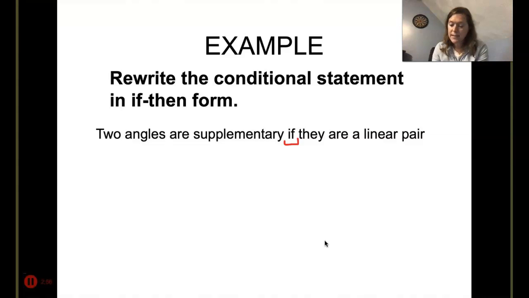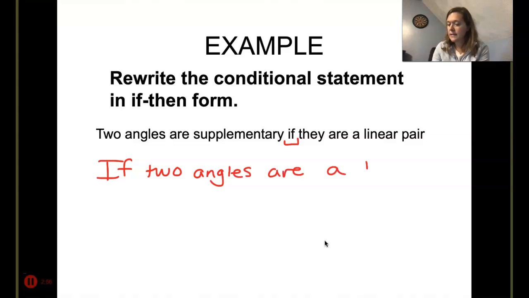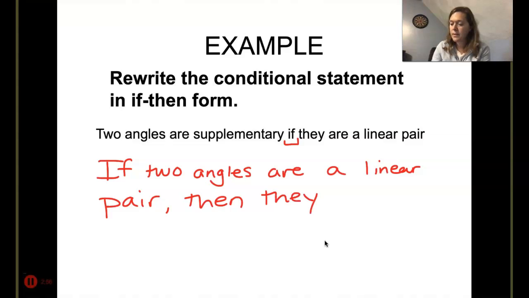So I'm going to rewrite this as if, and try to grammatically make it make sense. If two angles are a linear pair, then they are supplementary.